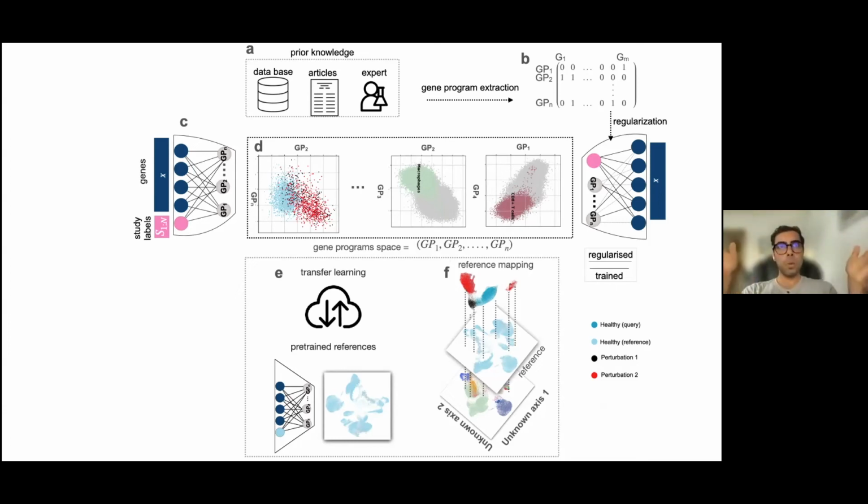You can look at gene program 1 and see that the reference and query are integrated because, for example, this gene program shows specific cell markers or cell types that are shared between reference and query. Whereas in a second gene program, which shows, for example, inflammation, the reference and query are not integrated. So instead of having a global view, you have this local view that is actually interpretable because you know what contributes to those programs.